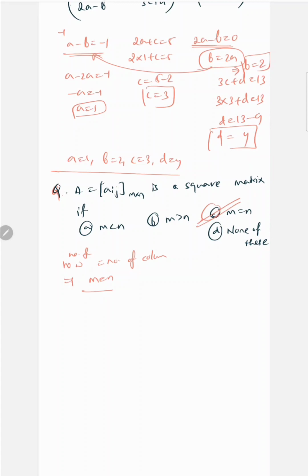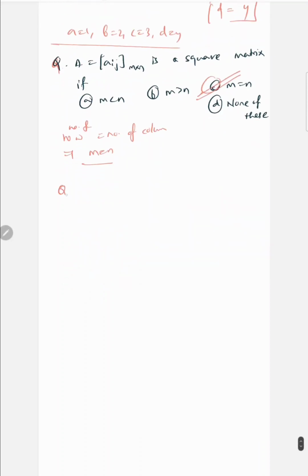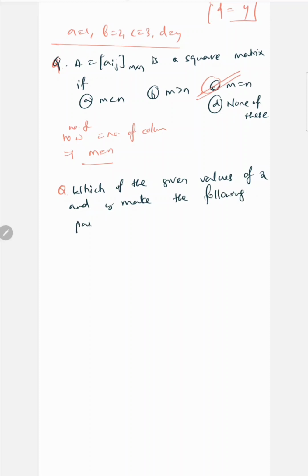So we can find a solution for this. The next question is also from the exercise only. Which of the given values of x and y make the following pair of matrices equal?